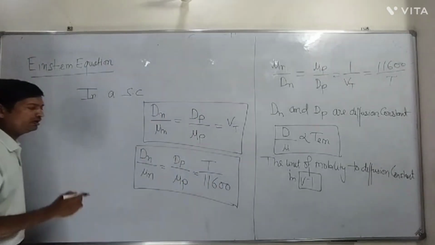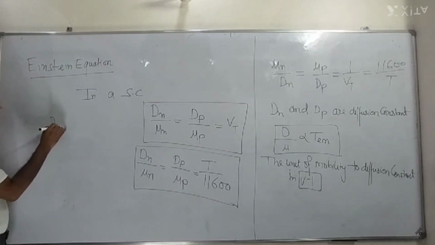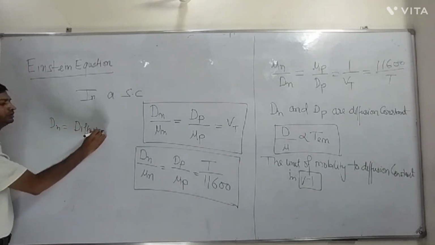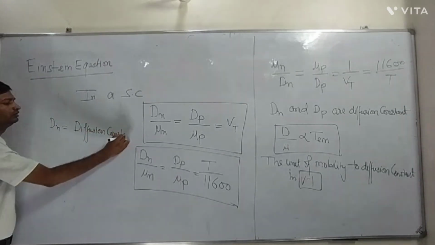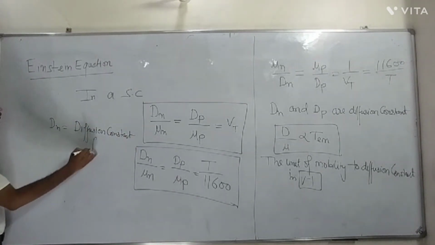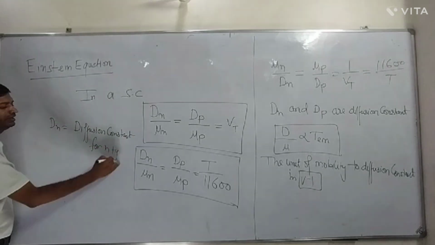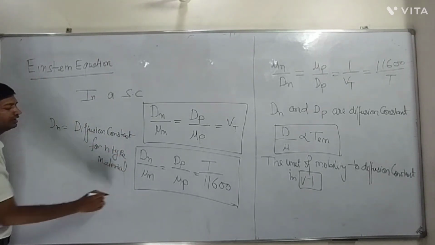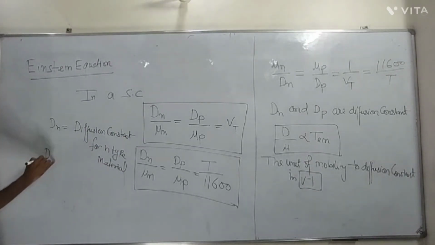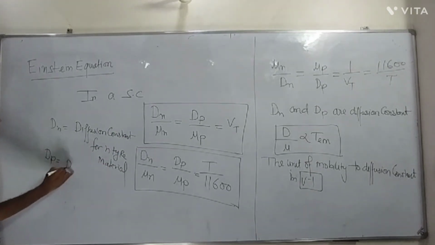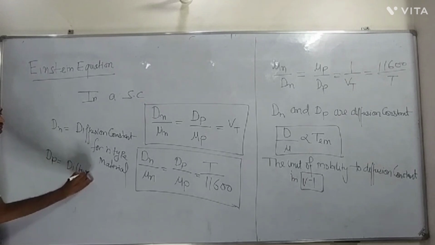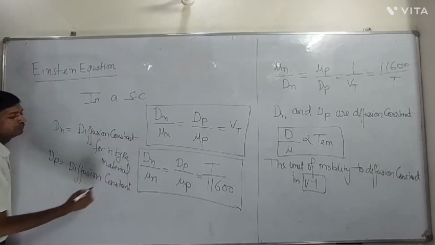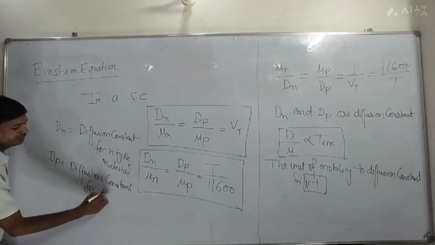It means Dn here is the diffusion constant for n-type material. Similarly, Dp here is the diffusion constant for p-type material.